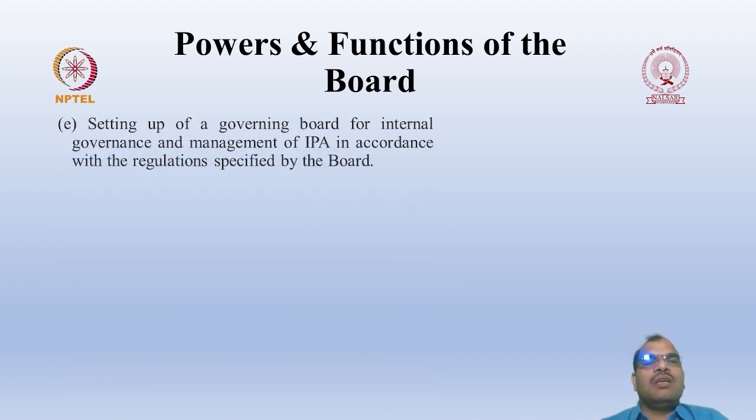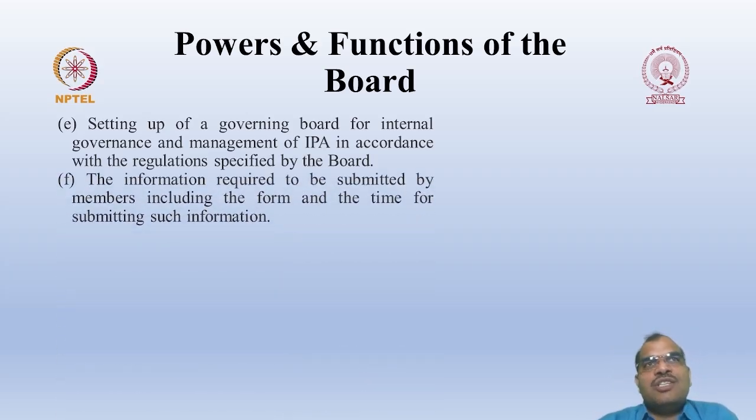Then setting up the governing board for the internal governance and management of the IPA in accordance with the regulations. So IBBI is going to set up the governing board. As per the regulations you are expected to have the governing board. In the previous classes we discussed how to form the governing board and what the composition of the governing board is in case of an IPA.